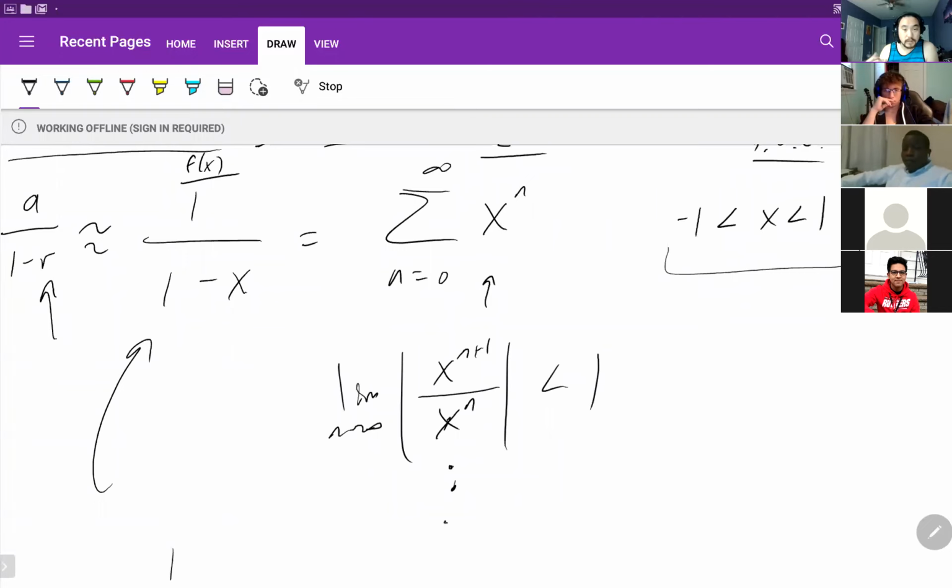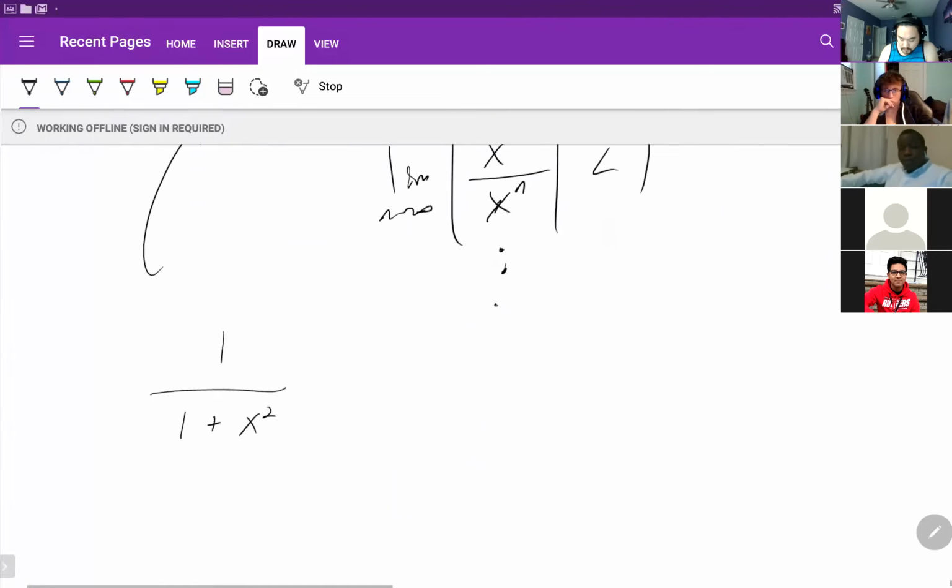I can do that by rewriting this as 1 over 1 minus negative x squared. I'm not breaking any laws here, because two negatives make a positive. So I'm not going to math jail.